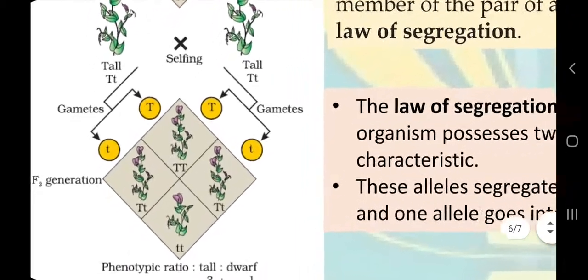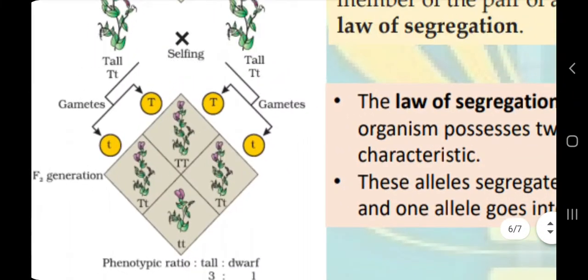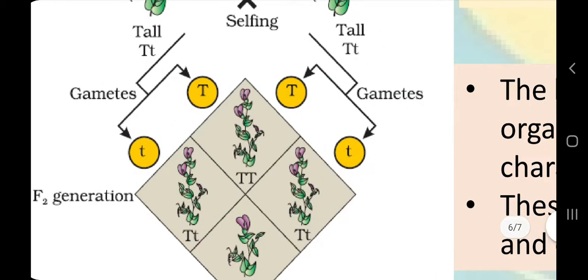Let's see this diagram and consider this. In the F1 generation we are seeing that the tall plant has the genotype capital T and small t, and when gametes are forming there are 2 types of gametes, shown here by these circles.